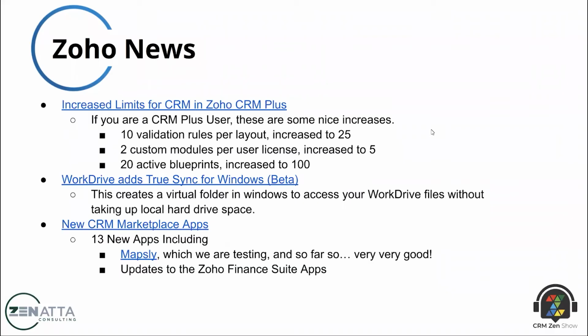It's a pretty nice bundle of applications. Anyway, they have increased these so that 10 validation rules per layout has been increased to 25, 2 custom modules per user license has been increased to 5, and 20 active blueprints has been increased to 100. We were talking before the show, and we have no idea if this lines up with what the standard enterprise limitations are, but I don't know.